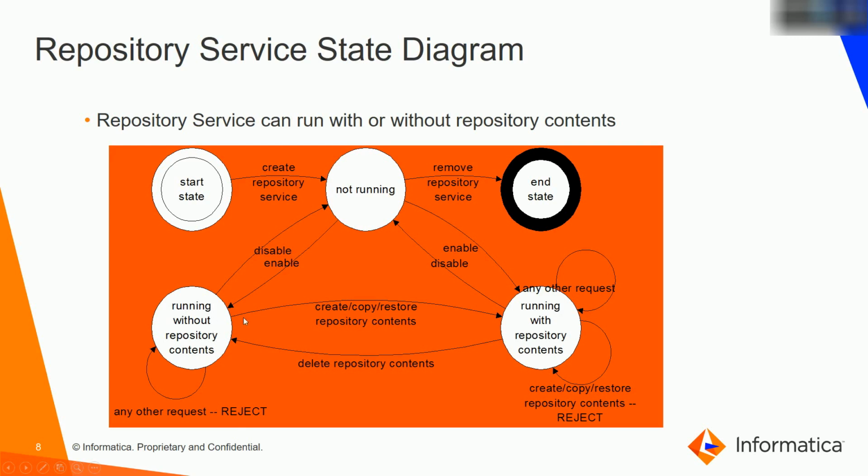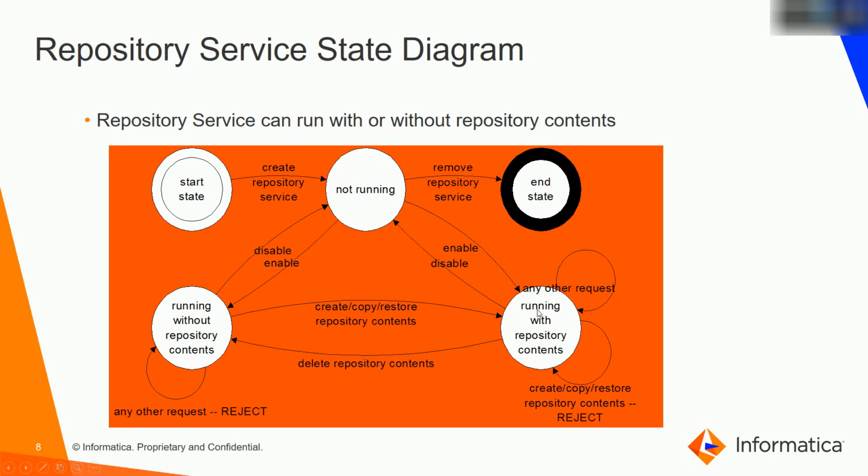From here you can directly create, copy or restore repository content, so that you will come into this state where repository service is running with repository contents. From here you can delete the repository content and come back to the state where the repository service is still in the running state but without content.